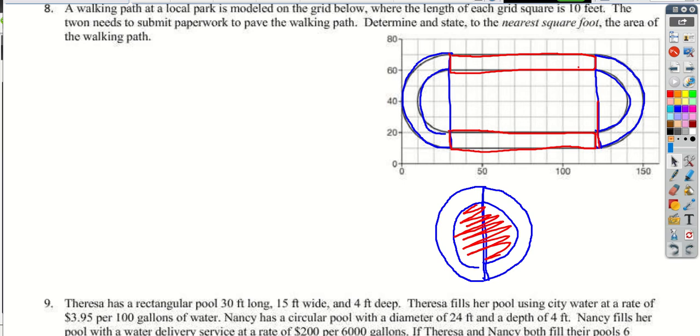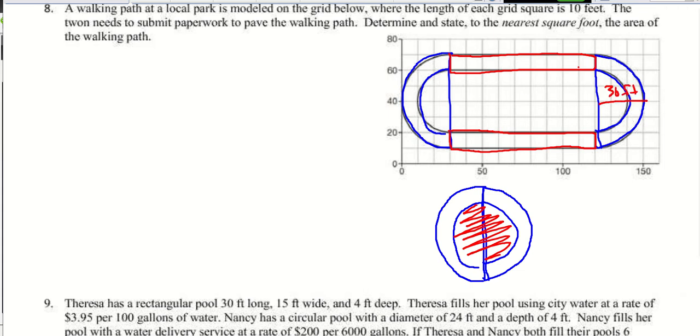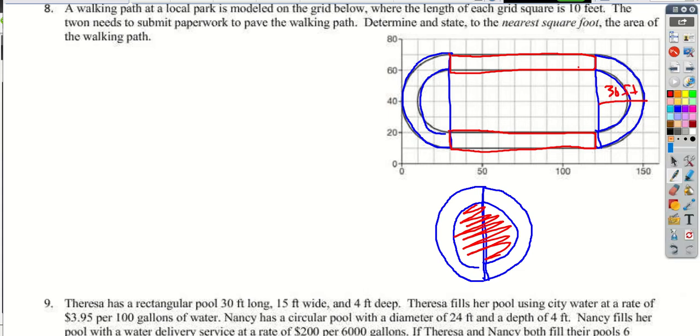Here's one radius. And keep in mind that that radius is essentially in tens. So this is 30 feet. And there's another radius that is going from here to here, which is 20 feet.